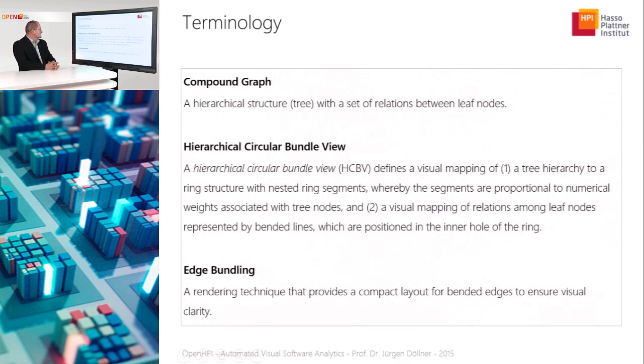The hierarchical circular bundle view defines a visual mapping of a tree hierarchy to a ring structure with nested ring segments, whereby the segments are proportional to numerical weights associated with each tree node. And second, a visual mapping of relations among leaf nodes represented by banded lines, which are laid out and positioned in the inner hull of the ring.